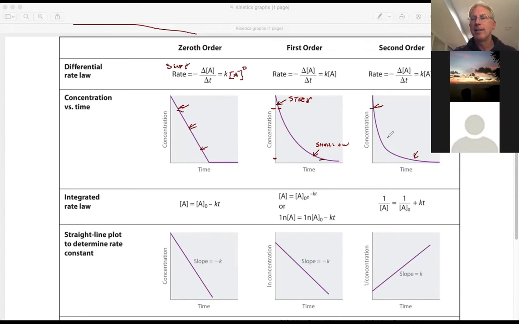And again, if all you have is a curve, you're not going to be able to eyeball it and say, oh, that's definitely first order or that's definitely second order. You can't tell. All you can say is it is not zero order. There's no way to tell by the naked eye whether that's first or second order, just by the curve.